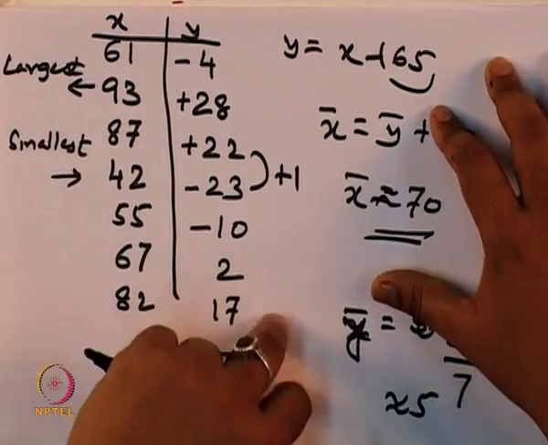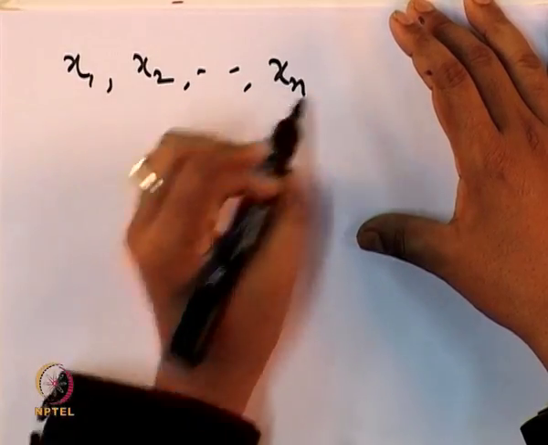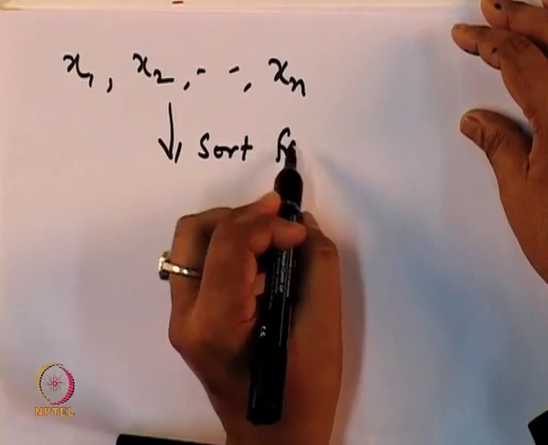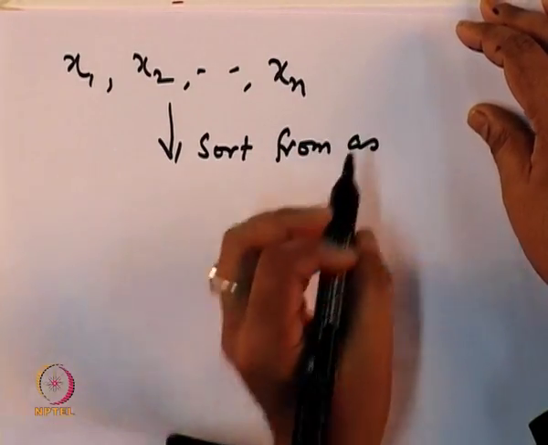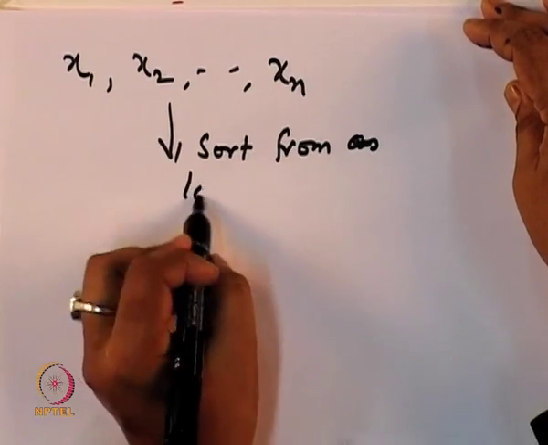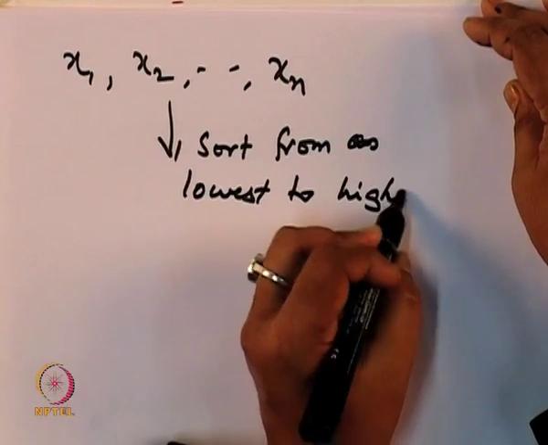Okay. So, one simple rule of thumb is, if you have all these numbers, let us say x1, x2, dot dot, xn, you first sort them from lowest to highest. Okay.